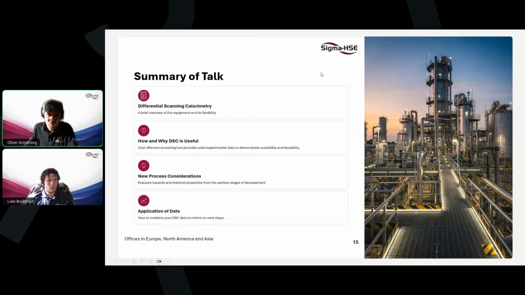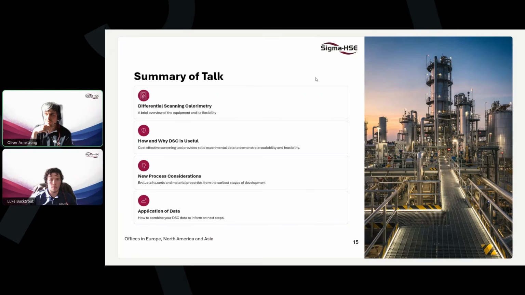So just in summary of today's webinar on differential scanning calorimetry, we've looked at a brief overview of the equipment and the instrument, and really its flexibility and how we can use it in different ways to study different parameters or properties. Hopefully also demonstrating how and why DSC is useful to us as a cost-effective screening tool, which really provides useful experimental data, both to demonstrate scalability and feasibility of a new process, but also to do it safely.